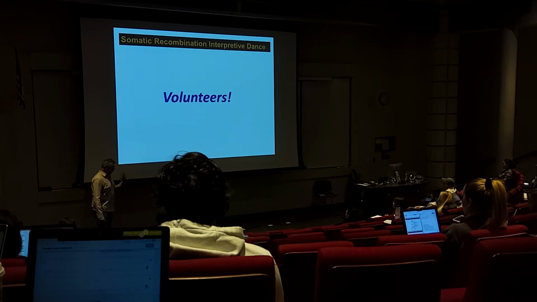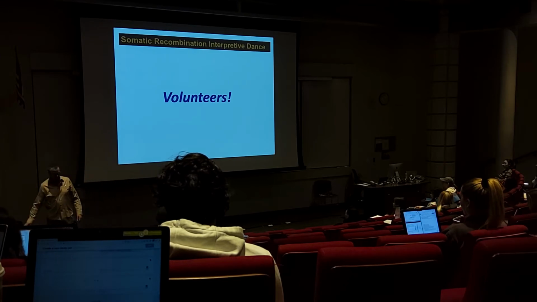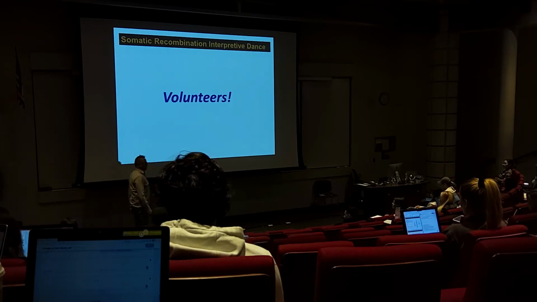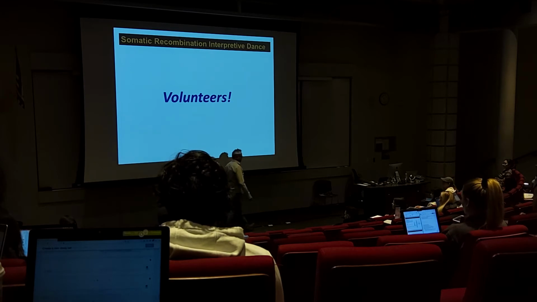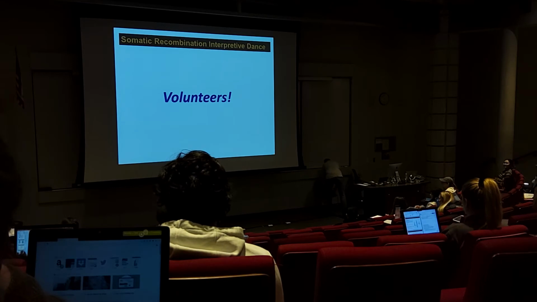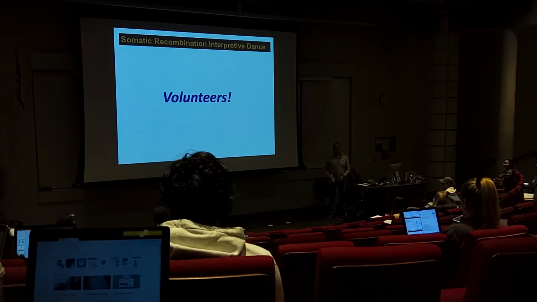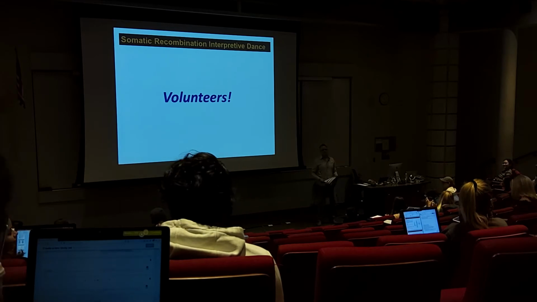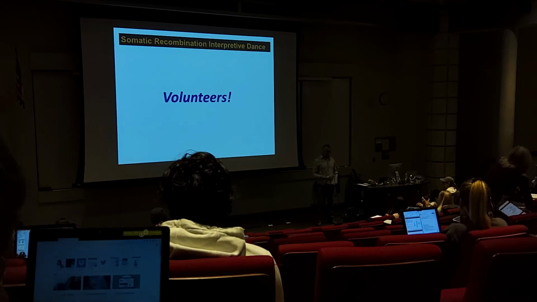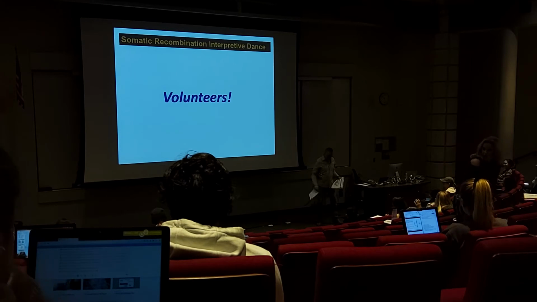Okay, so let's do an activity, and I need volunteers. If nobody volunteers, then I'm going to pick volunteers. Yeah, come on down. The front row is always going to get picked for volunteers.